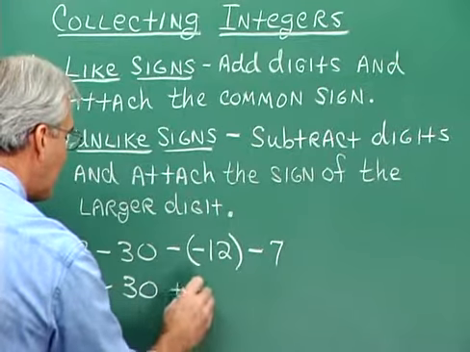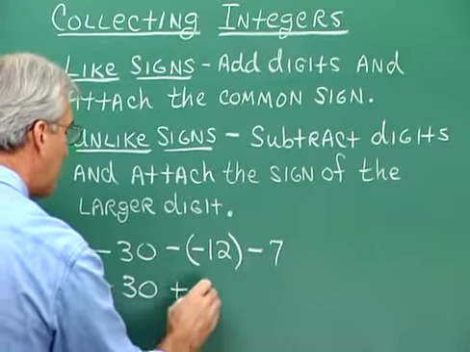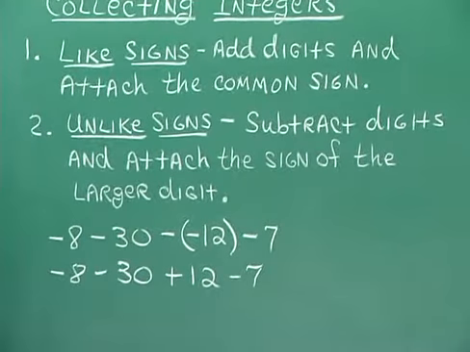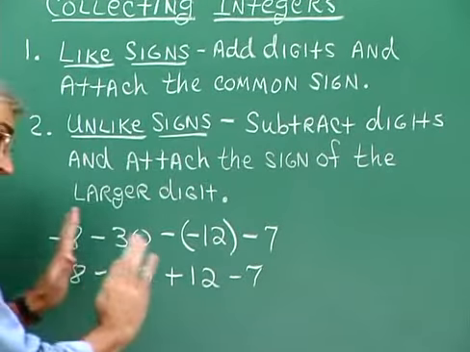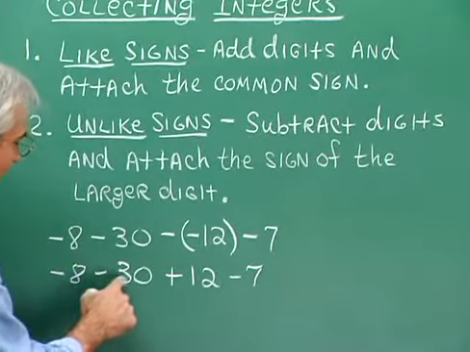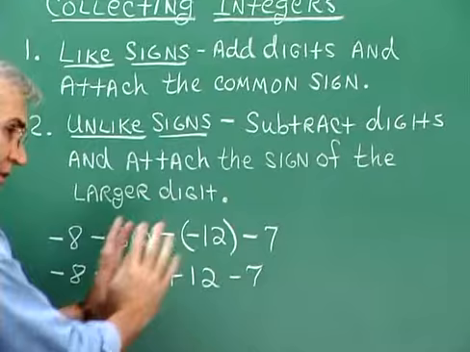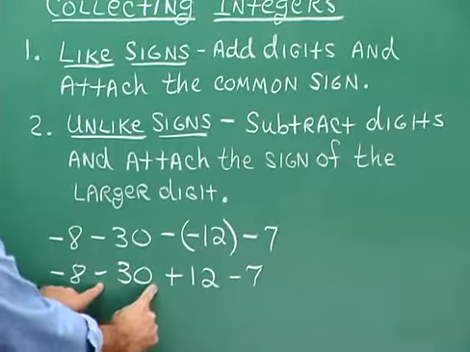So we want to say that this is adding the opposite of negative 12 is 12. And now we have this. And we could think of subtracting 30 as adding the opposite of 30. But if we can see through that, then we can interpret this as negative 30.